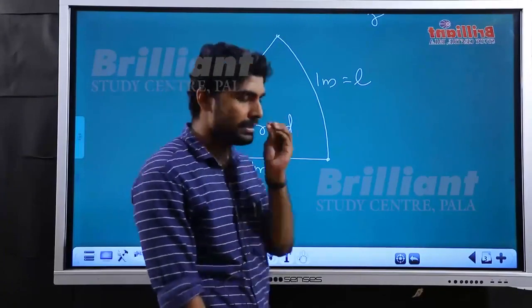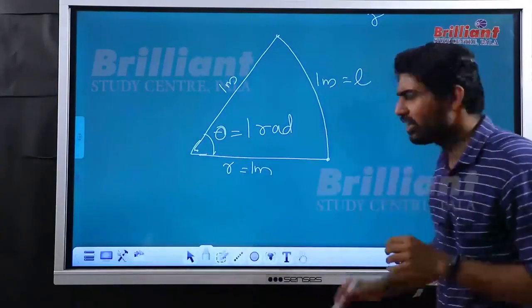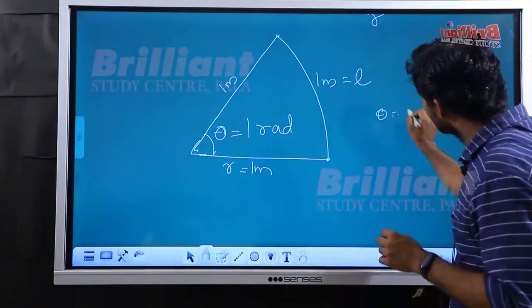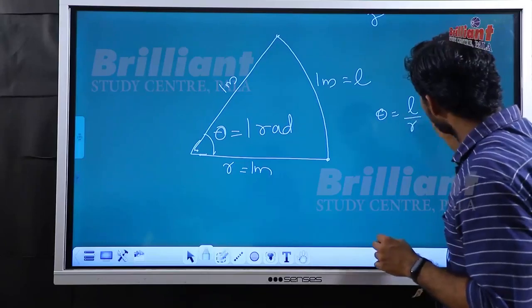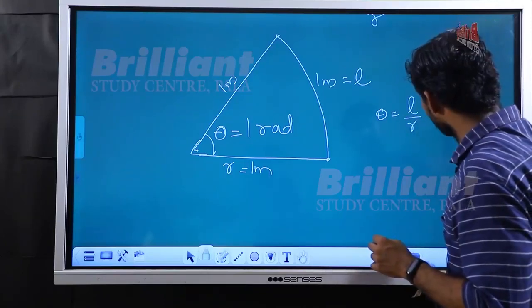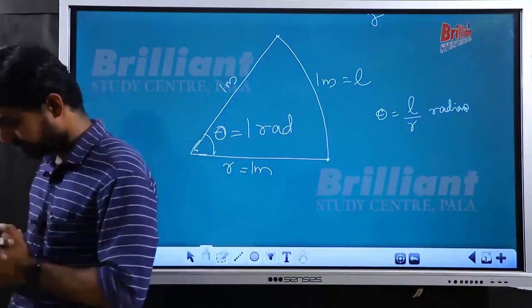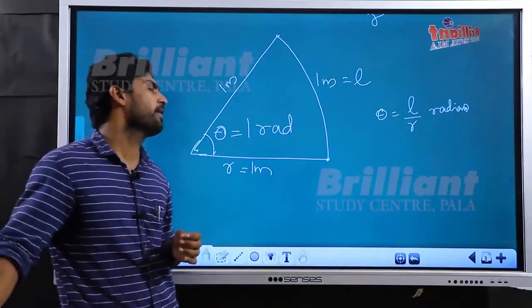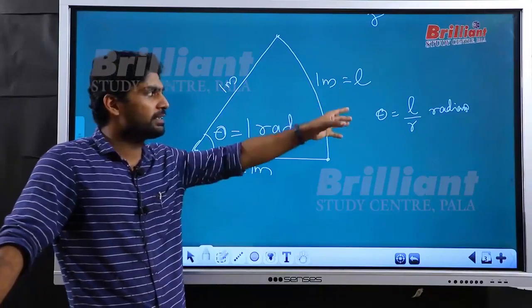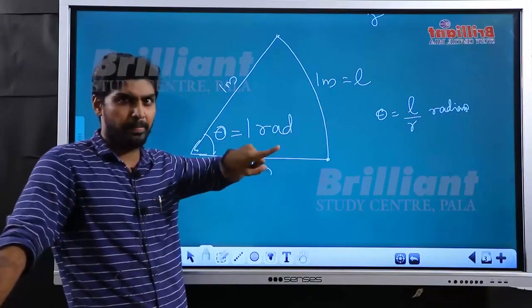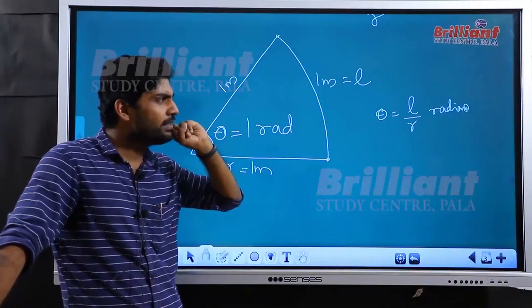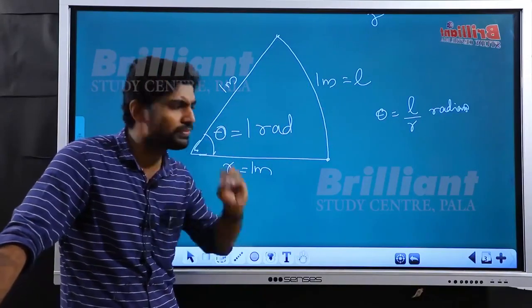So you must have sensed some problem in this, because theta is equal to length by r in radians. Here theta is equal to L by r, and what is the unit of length?